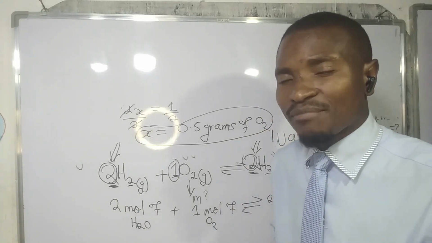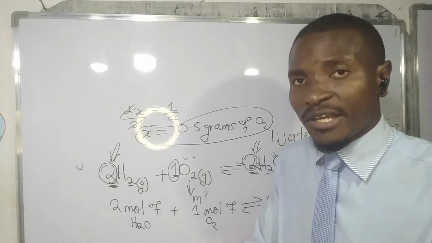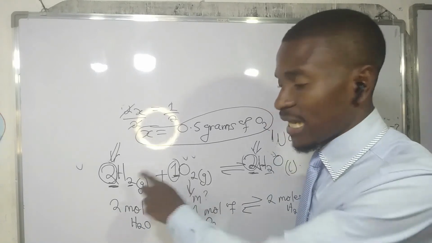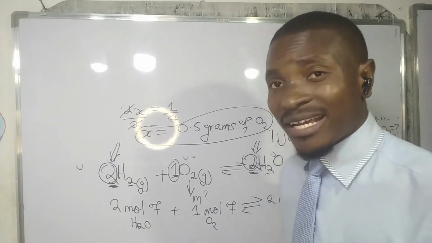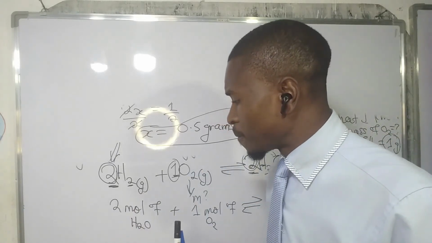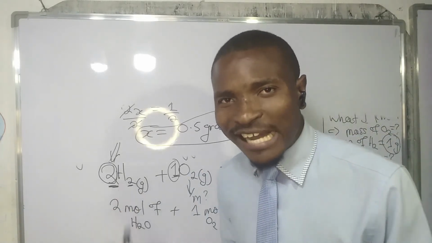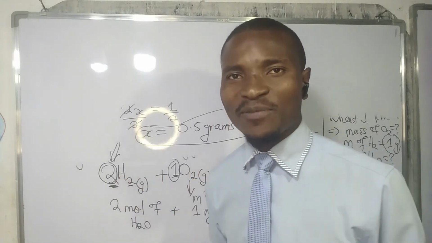Once we measure that mass of water on the scale, we would get the same mass as the hydrogen, the one that you have been given as a clue. So there is no need for you to start calculating and wasting time.